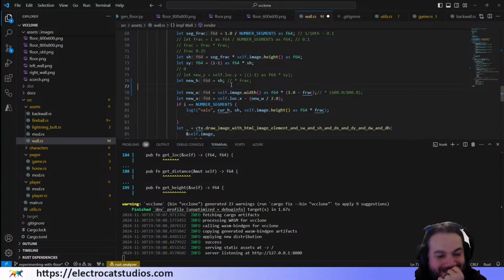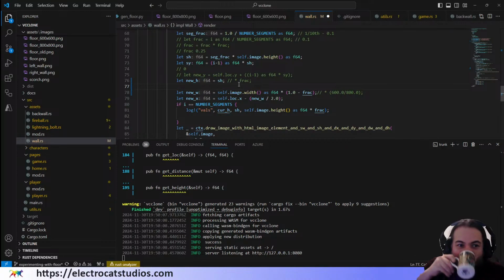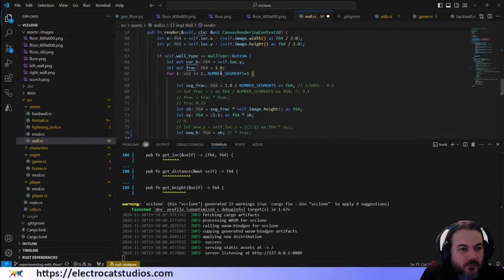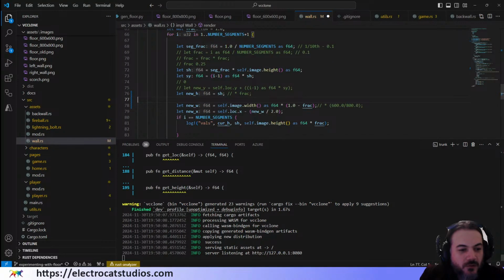This code doesn't make any sense to me. Oh gosh, I know it's been 3 months, but I don't recognize any of this. Okay, so the new x draw location needs to be based on the new width.